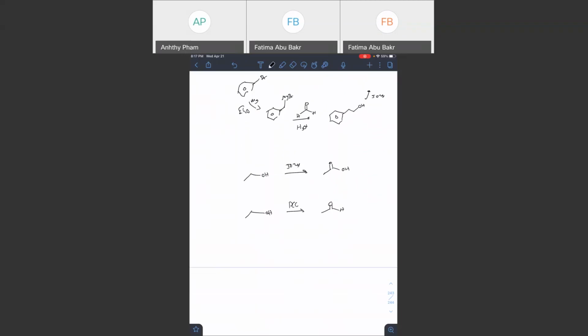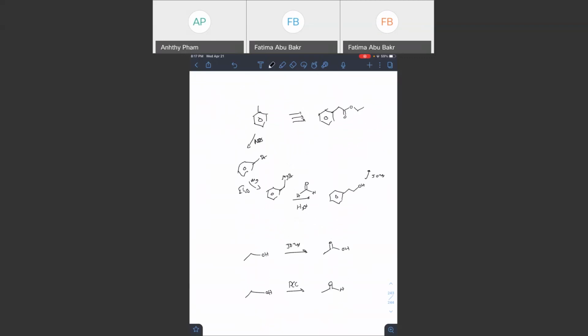When it comes to secondary, they're both the same. Secondary alcohols will both be converted into a carbonyl. So we draw our answer for what happens after Jones, which is that we get this acid.